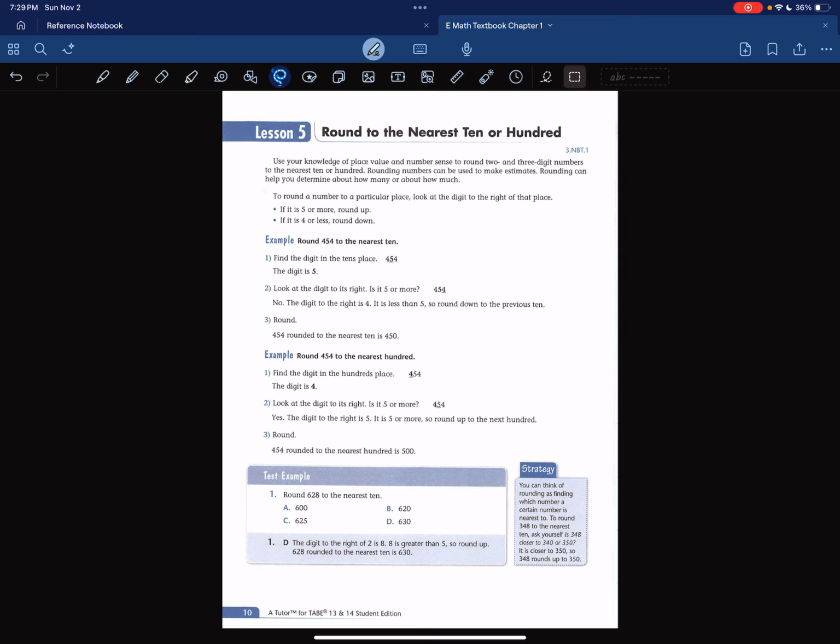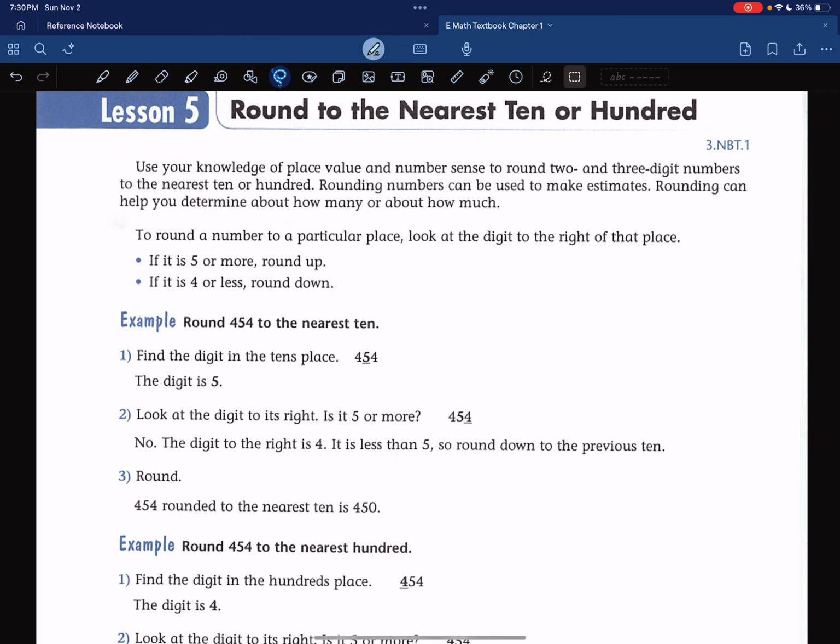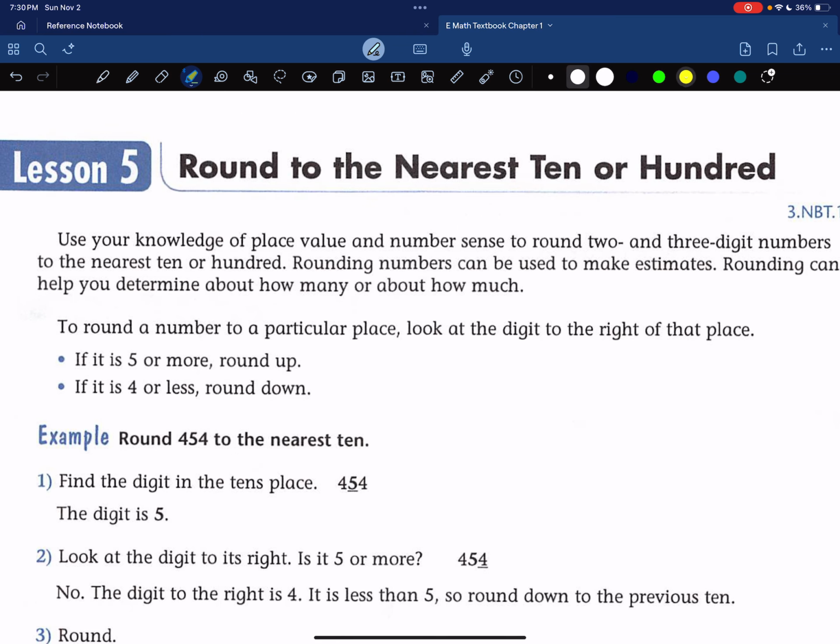Rounding numbers can be used to make estimates. Rounding can help you determine about how many or about how much. And remember, I told you about a symbol that means about. That's that squiggly equal sign. So if you see that, it tells us that a number has been rounded.